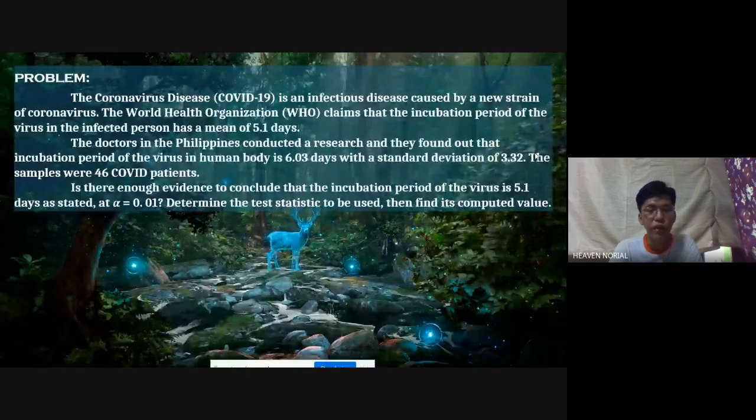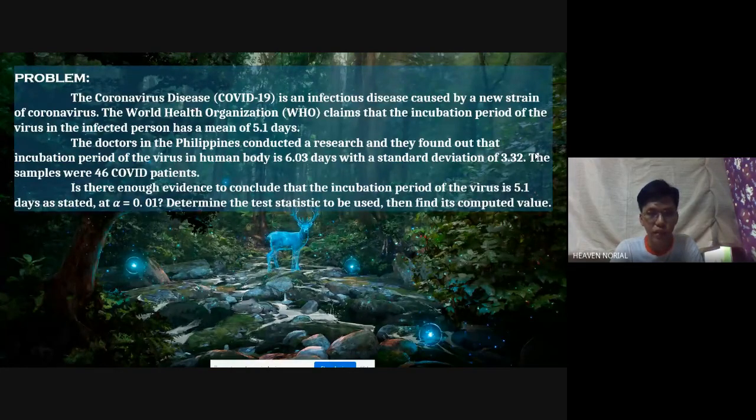Problem. Coronavirus disease or COVID-19 is an infectious disease caused by a new strain of coronavirus. The World Health Organization or WHO claims that the incubation period of the virus in the infected person has a mean of 5.1 days.